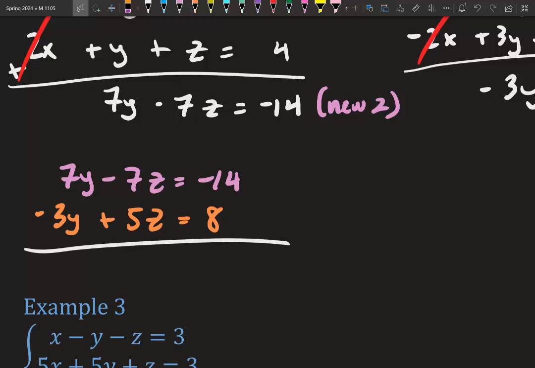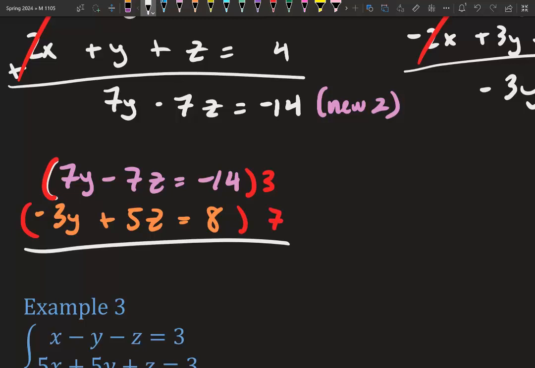So we need 7 and 3 to be the same number. That means you just multiply them together. They're already opposite signs, so we don't care about messing with the signs. So we're going to multiply our numbers together. We're going to multiply the top by 3 and the bottom by 7.